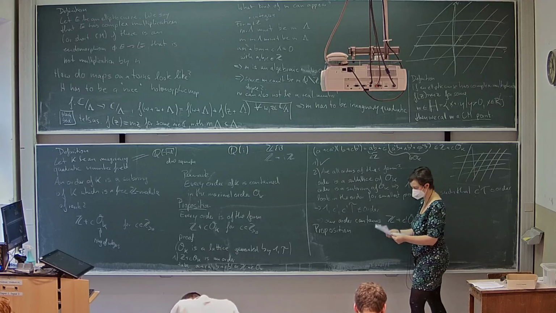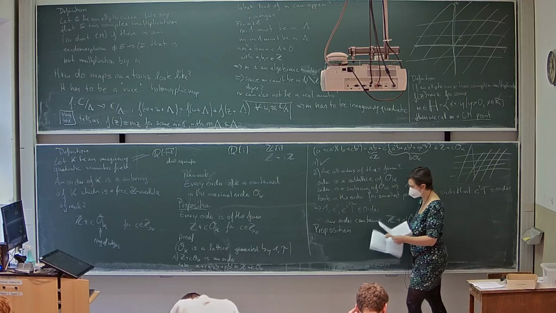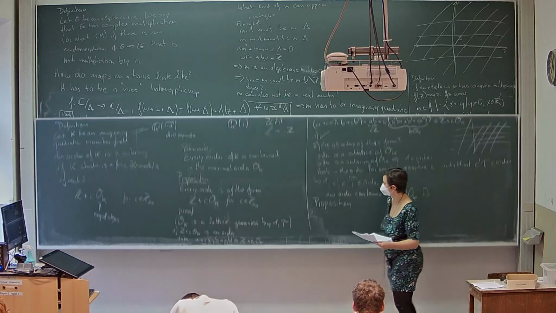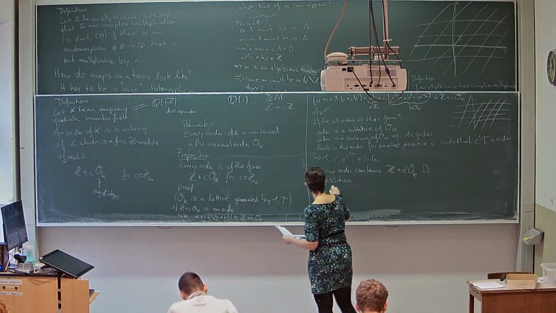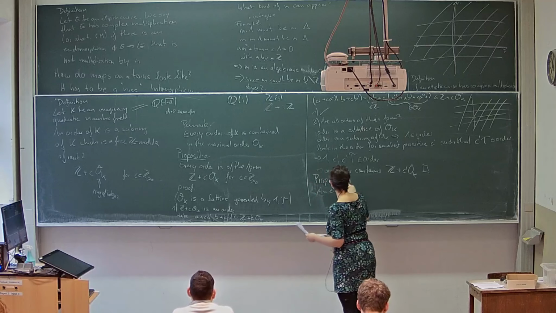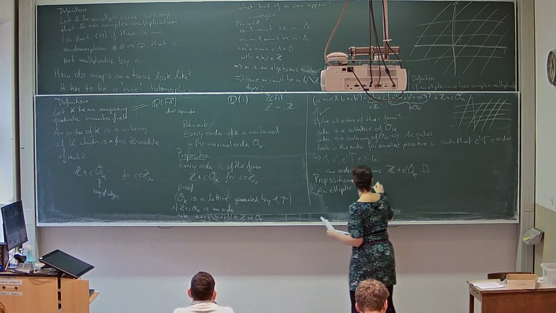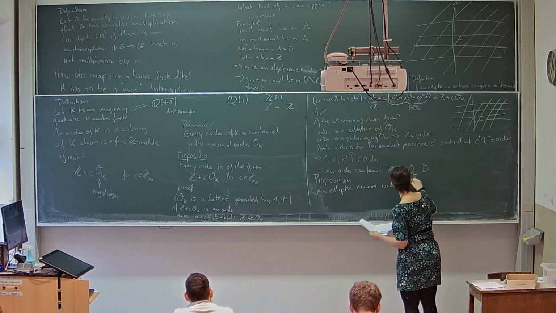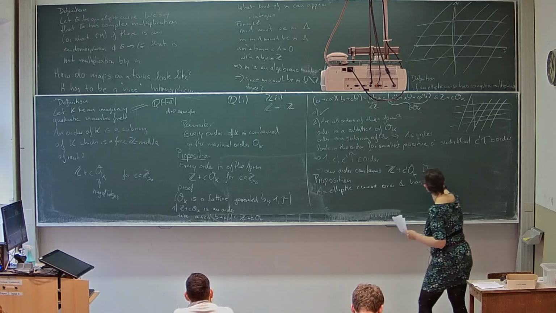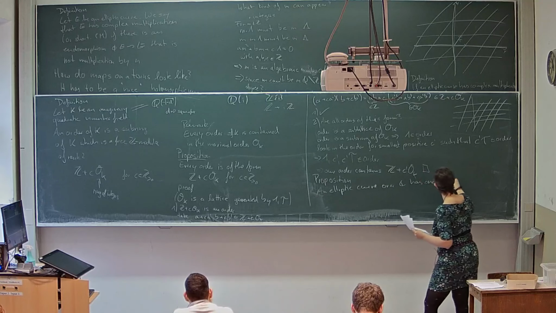An elliptic curve over C has one of the following endomorphism rings.